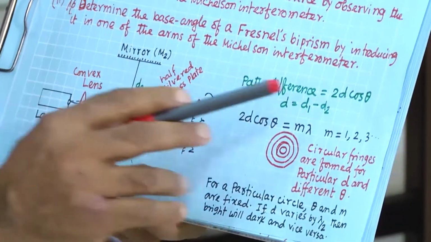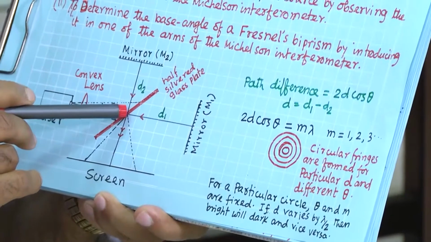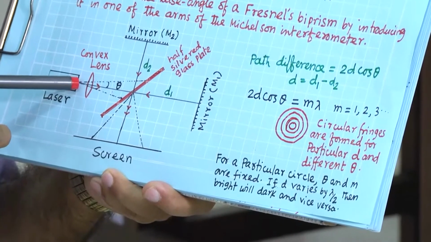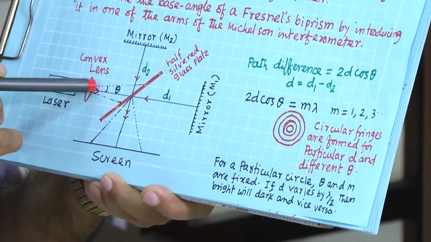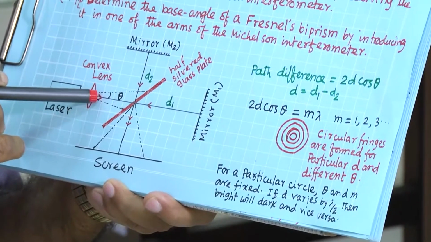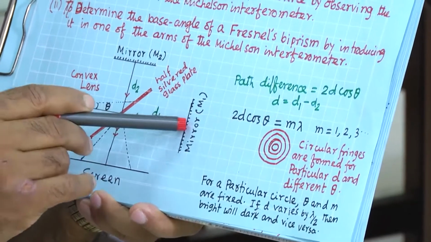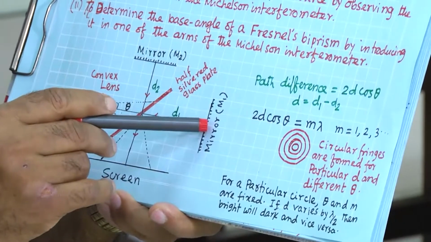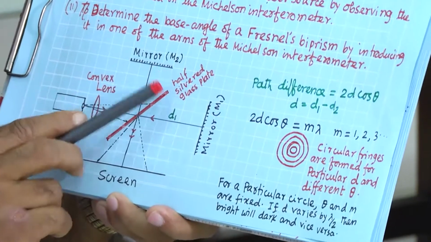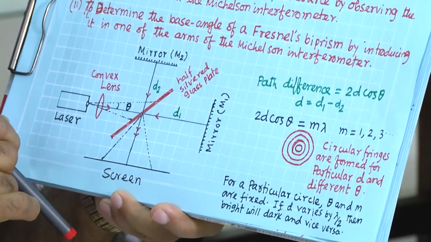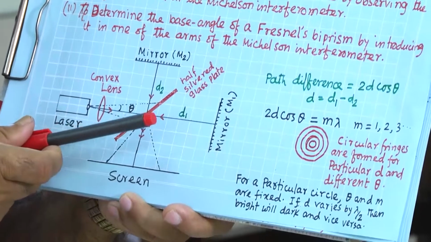Now, for this 2D, we are considering the light falling perpendicularly on this mirror, with the plate at 45 degrees.